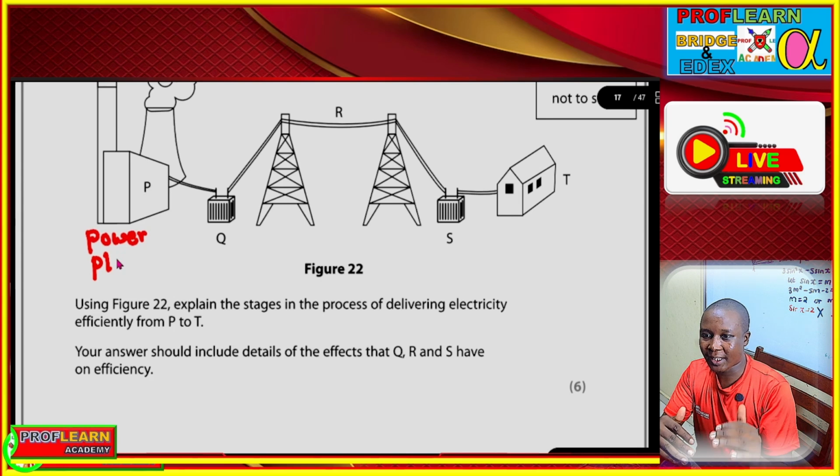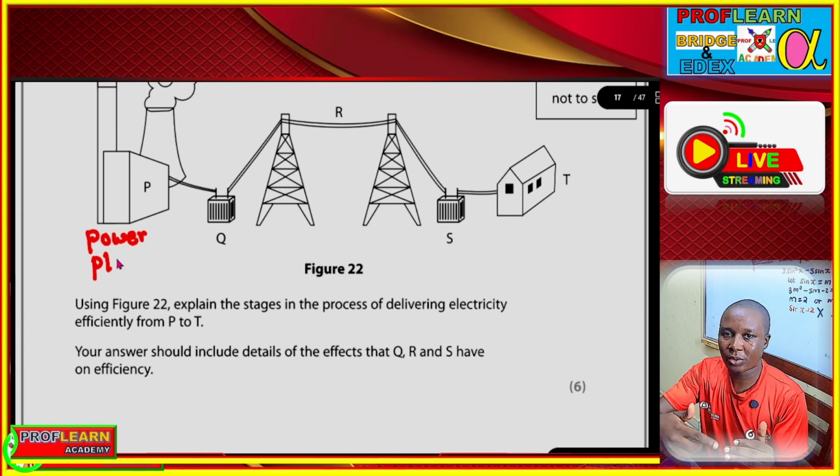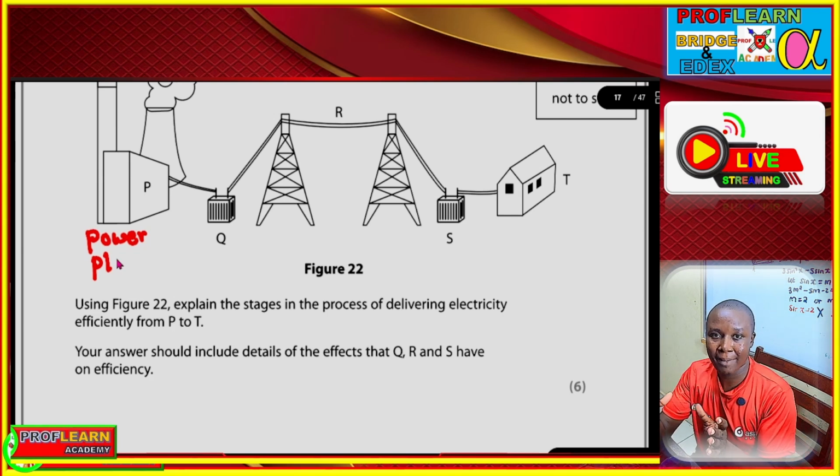When that water is released, it turns the turbines. In the process, the turbine rotates the generator, and the generator has magnets and a coil within it. As the coil rotates within the magnets, electricity is generated through electromagnetic induction.